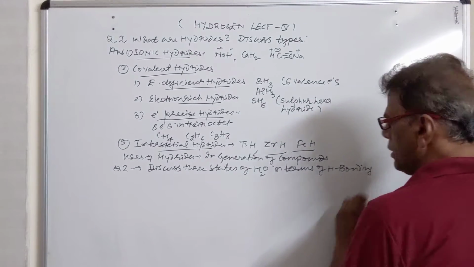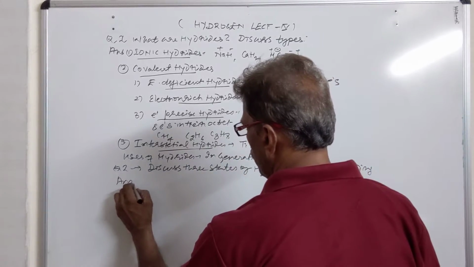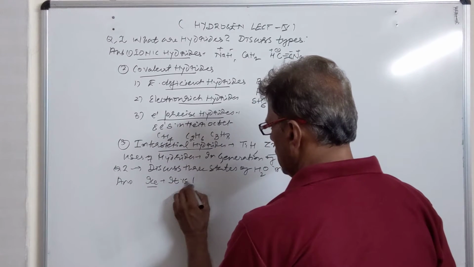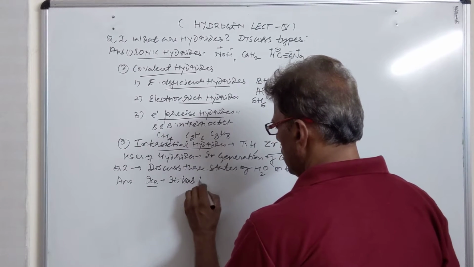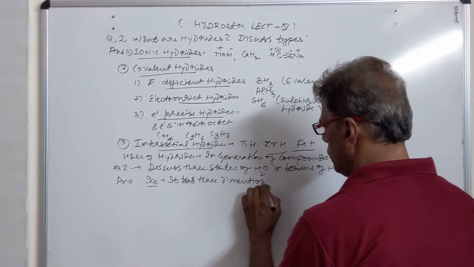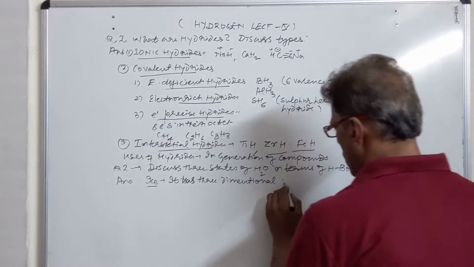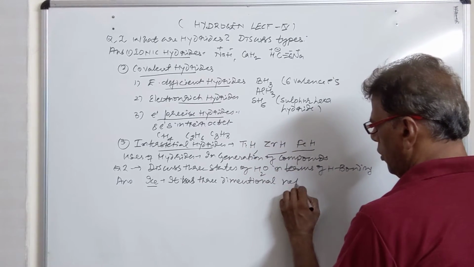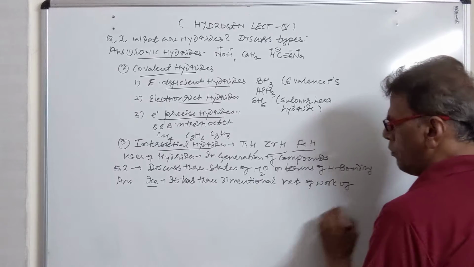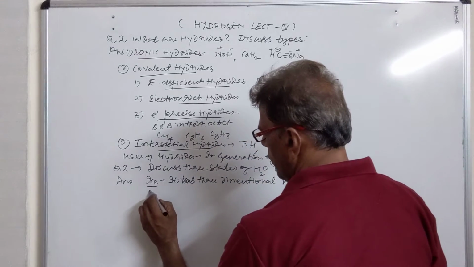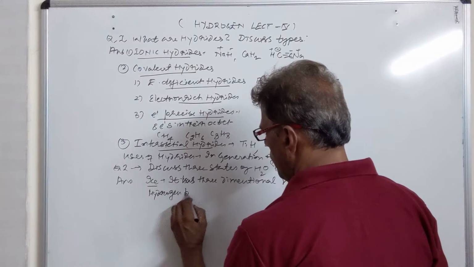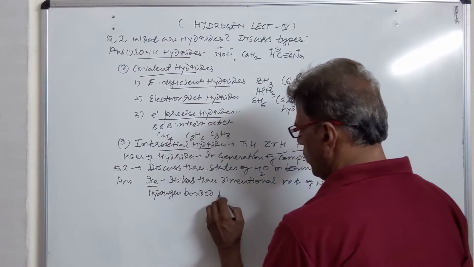So water exists in 3 states. Number 1 is ice. It has a 3-dimensional network of hydrogen bonded water molecules.